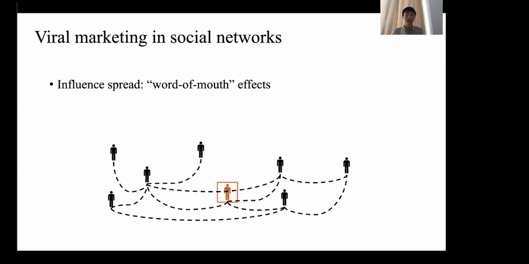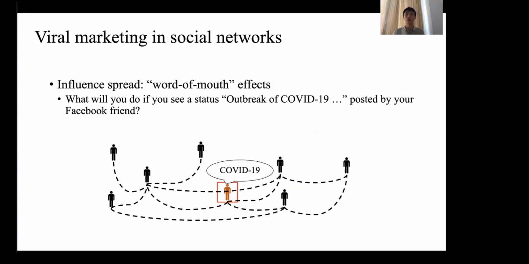The marketing, or say the viral marketing business in social networks, is based on influence spread, the word-of-mouth effects. So imagine what will you do if you see the discussion of COVID-19 on your Facebook, probably influenced by these users on your Facebook.